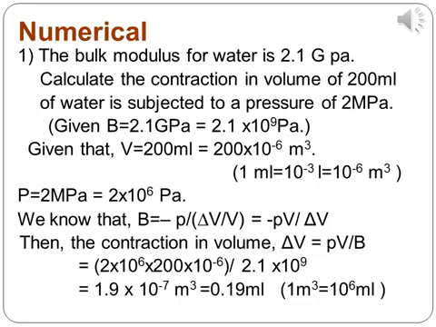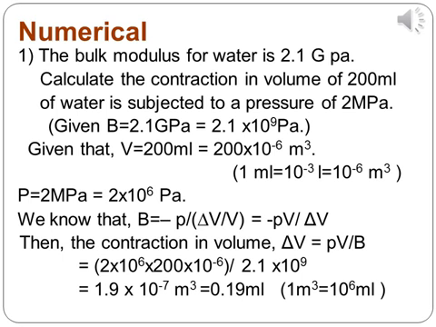Question number 1. The bulk modulus for water is 2.1 gigapascal. Calculate the contraction in volume of 200 milliliter of water when it is subjected to a pressure of 2 million pascal. Given B is equal to 2.1 gigapascal, which is equal to 2.1 into 10 to the power of 9 pascals.